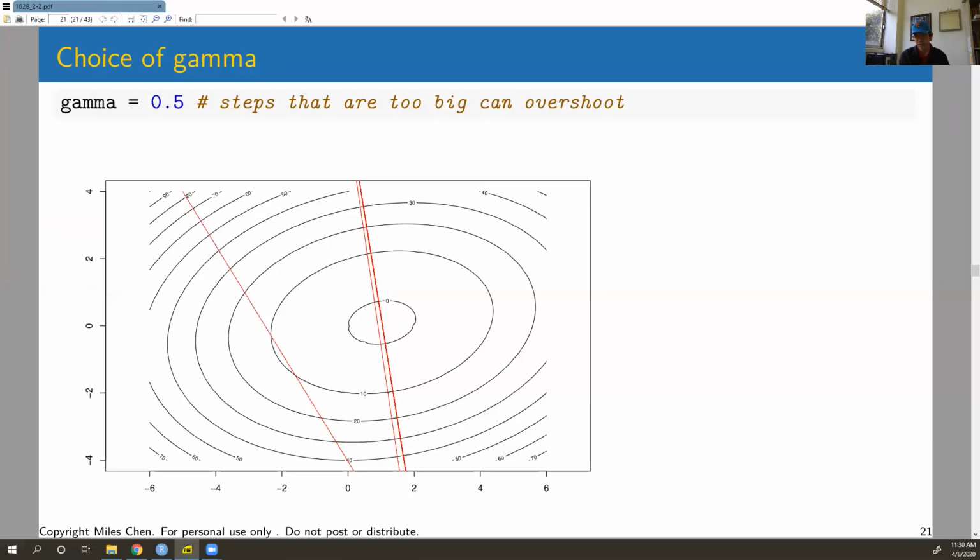So you start off with some value and you hope it works, and if it doesn't converge, you say, okay, let's try a smaller one. On the other hand, if you start off with a small value and it seems to converge, you say, okay, let's try something a little bit bigger.